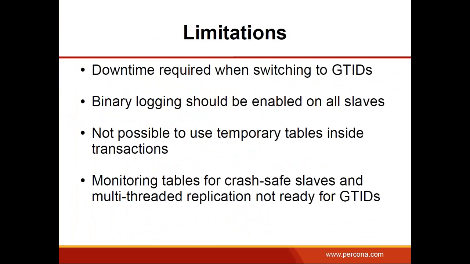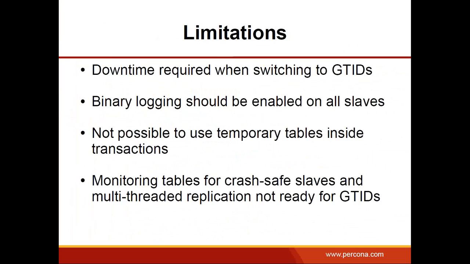What are the limitations of global transaction IDs? Well, probably the most important one, as we've seen one or two slides before, is that you will need to shut down all the servers at the same time. So it means downtime, and of course this is bad. The main limitation is that it's not possible to have a mix of, let's say, traditional replication and GTID-based replication.